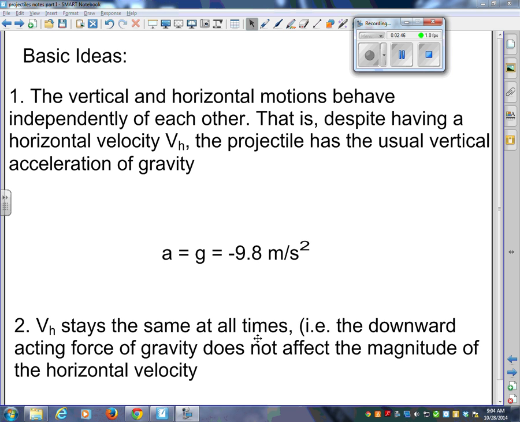It remains constant throughout. Does that make sense? That is, of course, neglecting air resistance, right? If there is air resistance, then there's going to be a problem.